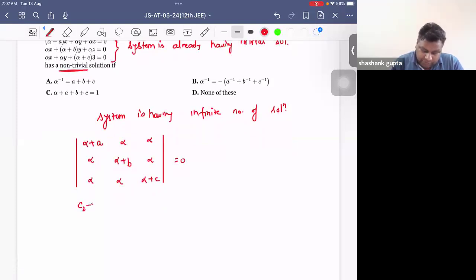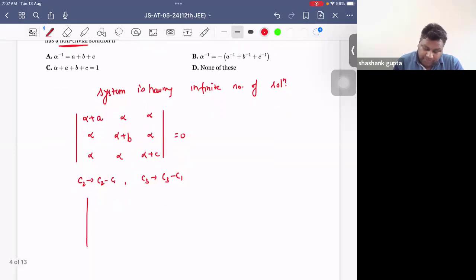I use C2 minus C1, and also C3 minus C1. So it will become alpha plus A, alpha, alpha. This will be C2 minus C1, so minus A, B, 0. C3 minus C1 will be minus A, 0, C. So this is equal to 0.